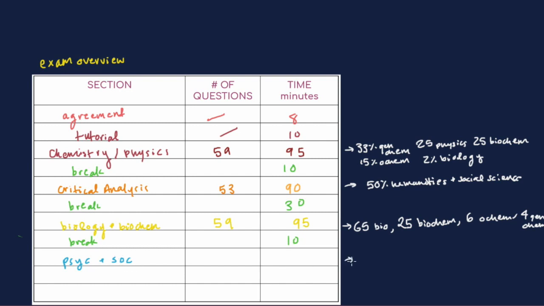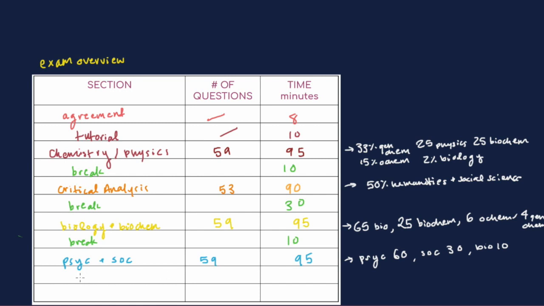So 60% of it is psychology, 30% of it is sociology, and the remaining 10% is biology. This section is also 59 questions long, like the biology and chemistry section, and is also 95 minutes.